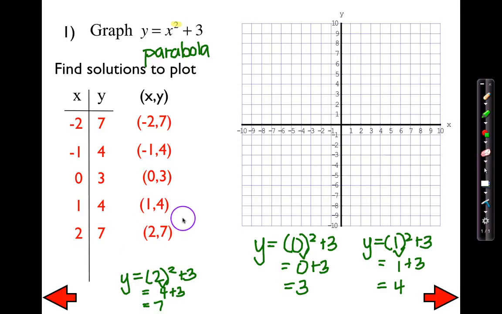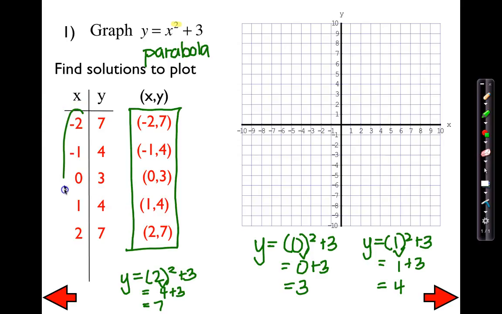Notice for your homework, I do expect you to show your work to see how you got these values, including the ordered pairs, because we will definitely be grading you based off of these 5 ordered pairs with the following inputs for your x's. Now that I have my 5 ordered pairs, I'm going to start graphing them.